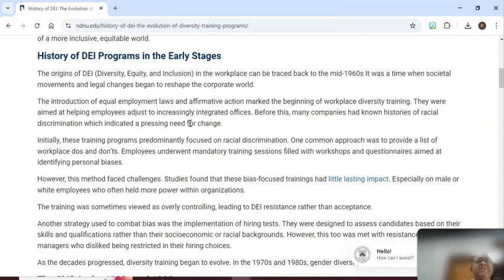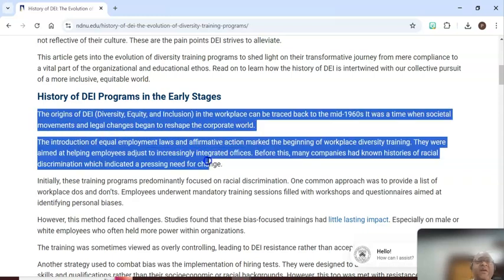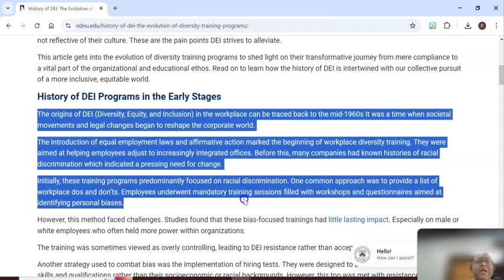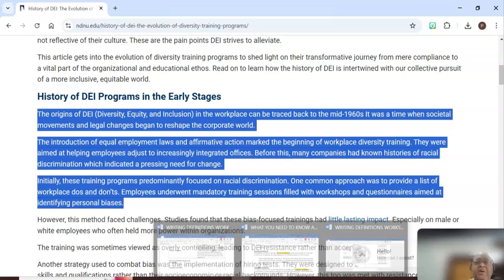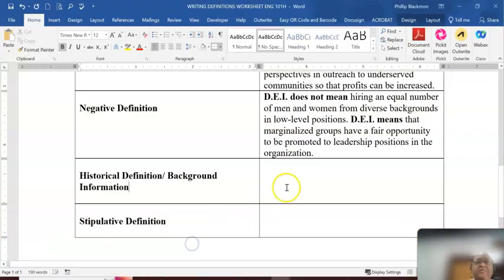So what I'm going to do, because this is historical information, is just do a quick copy and paste. I'm going to go through, read the article, and copy those things that I find useful in here. I'm just going to do a control copy. I'm going to go back to my paper, and I'm going to do a paste.